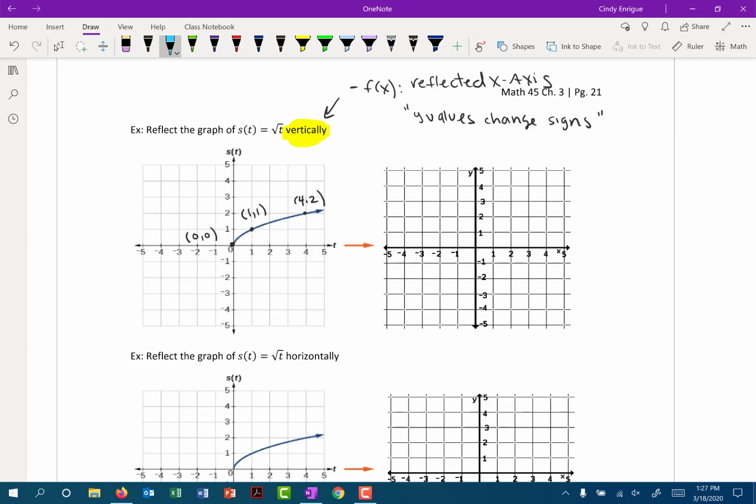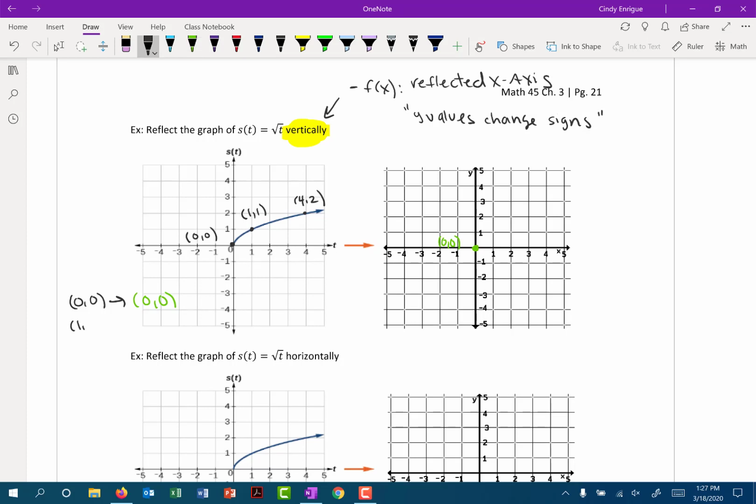So let's write this over here. I'm going to have 0, 0. And when it gets reflected, well, 0, 0 is going to remain the same because 0 is not positive and it's not negative. So it's still there, 0, 0.